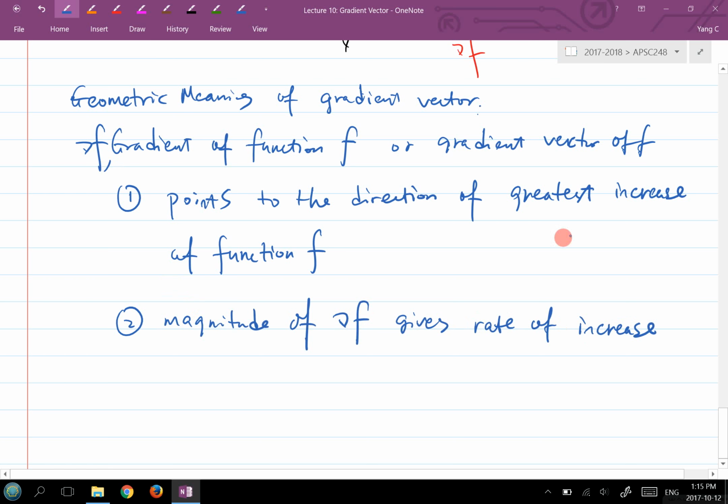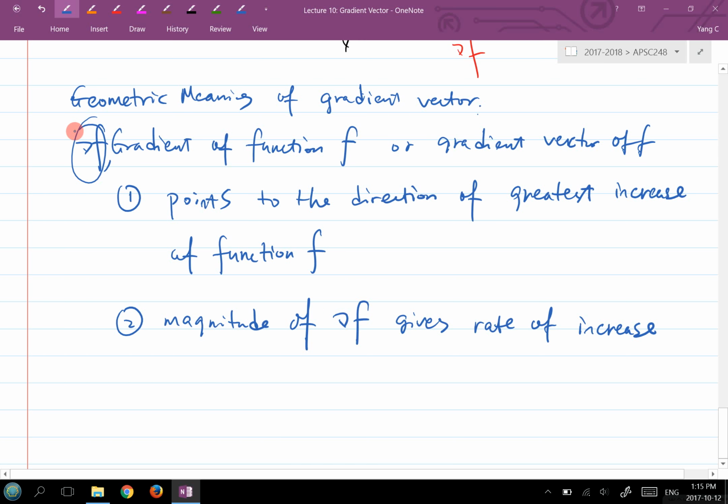When you see these two conclusions, it should remind you of something for a function of a single variable. So del f is very much similar to what concept? To a simple derivative, exactly. Except the derivative in that case gives you a scalar, but in this case it's a vector concept.